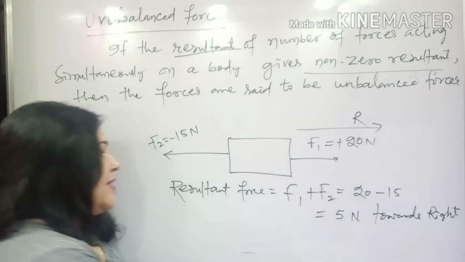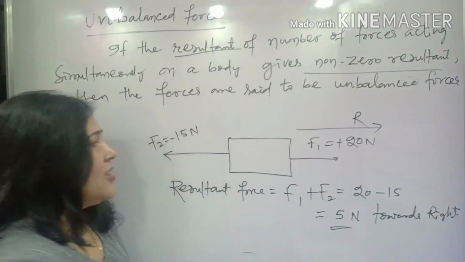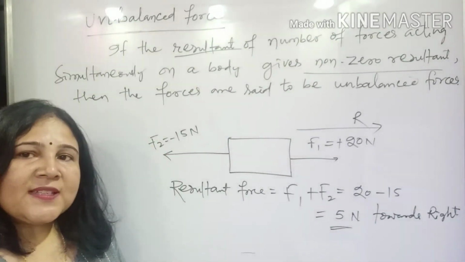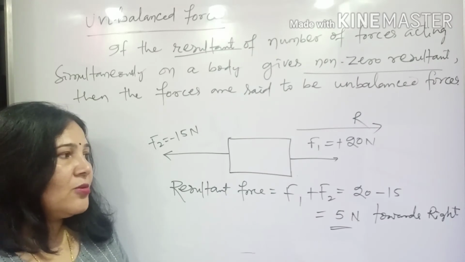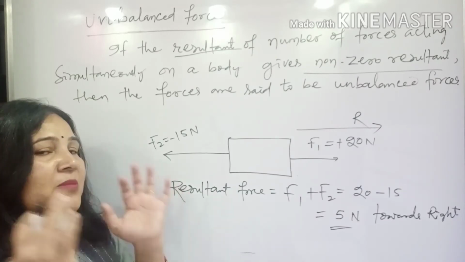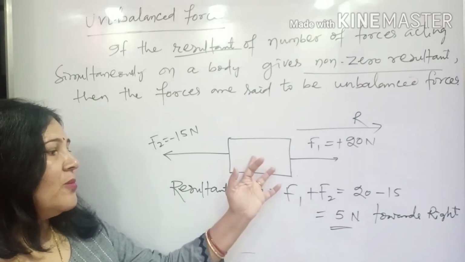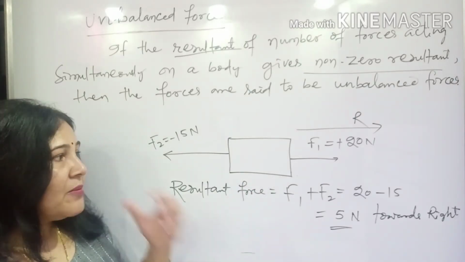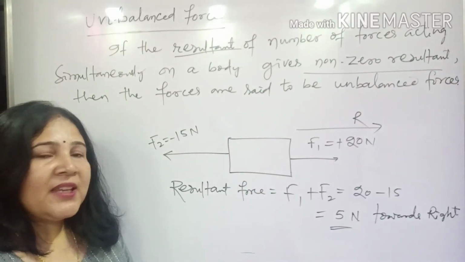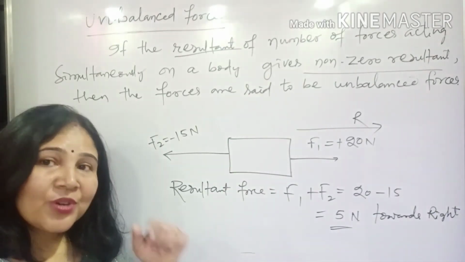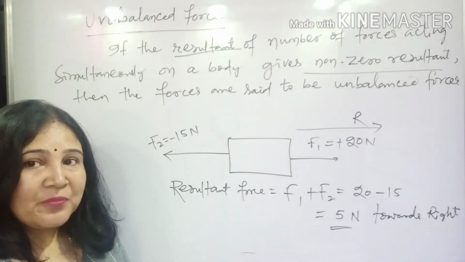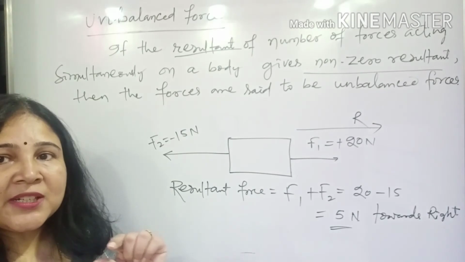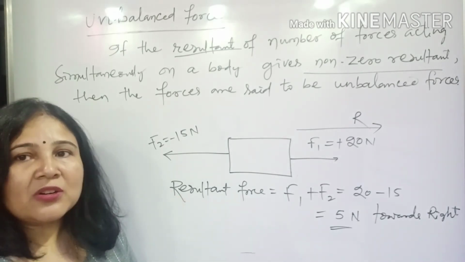So here we discussed that when a number of forces act and the result is not 0, some net force is still acting on the body. And if there is a net force acting on the body, the state of the body is going to change. Like the previous case, since the resultant was 0, the state did not change.